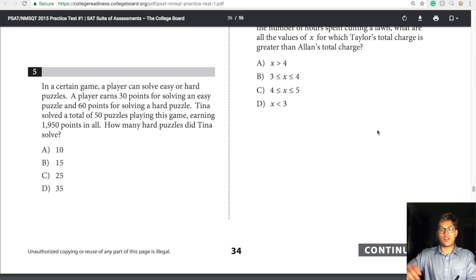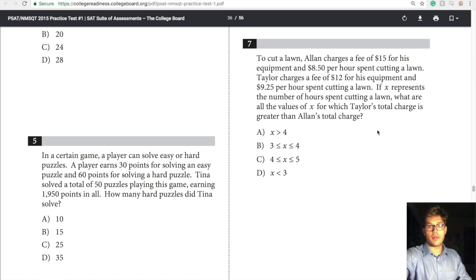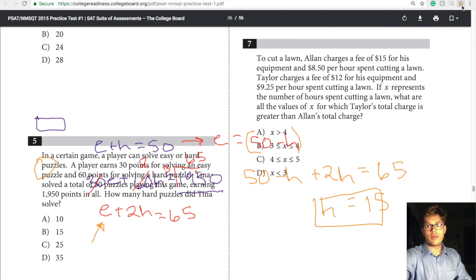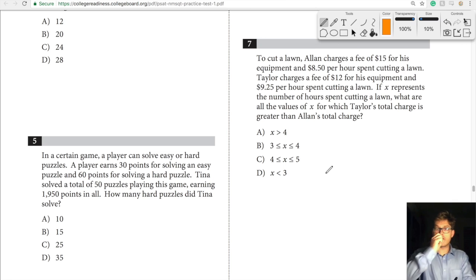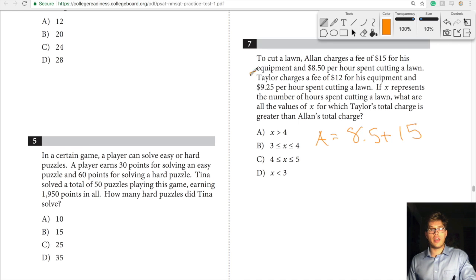All right, let's go back up. We need to look at number 7. Let's clear our board. Okay. To cut a lawn, Alan charges $15 for his equipment and $8.50 an hour. Okay, so Alan equals what? Alan is $8.50 an hour plus $15. Okay, let's go on. And then Taylor charges $12.